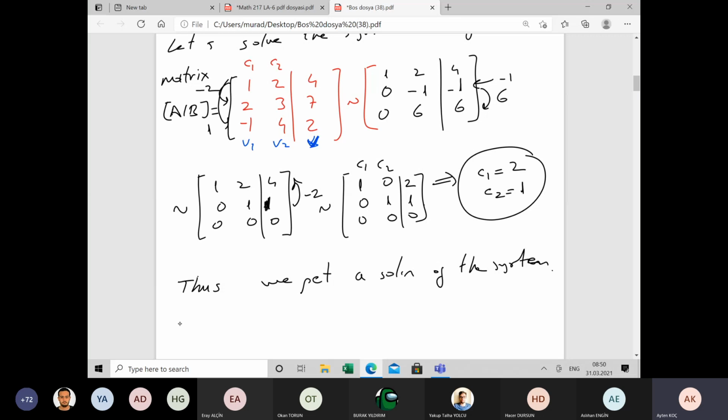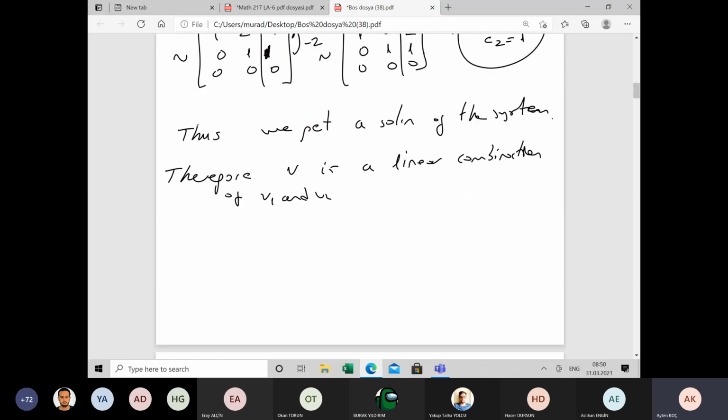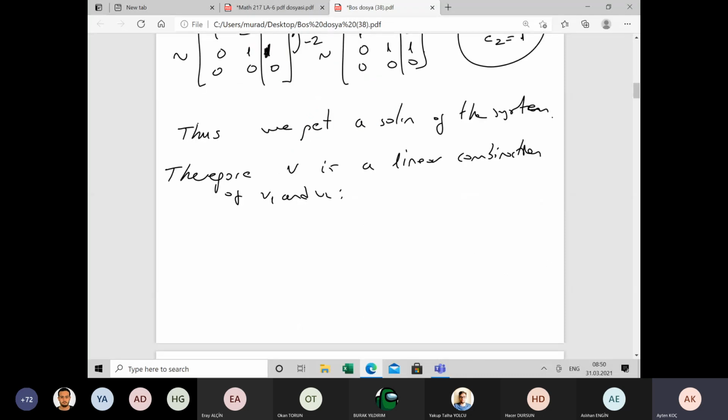Therefore our vector v is a linear combination of v1 and v2. And what is this linear combination?